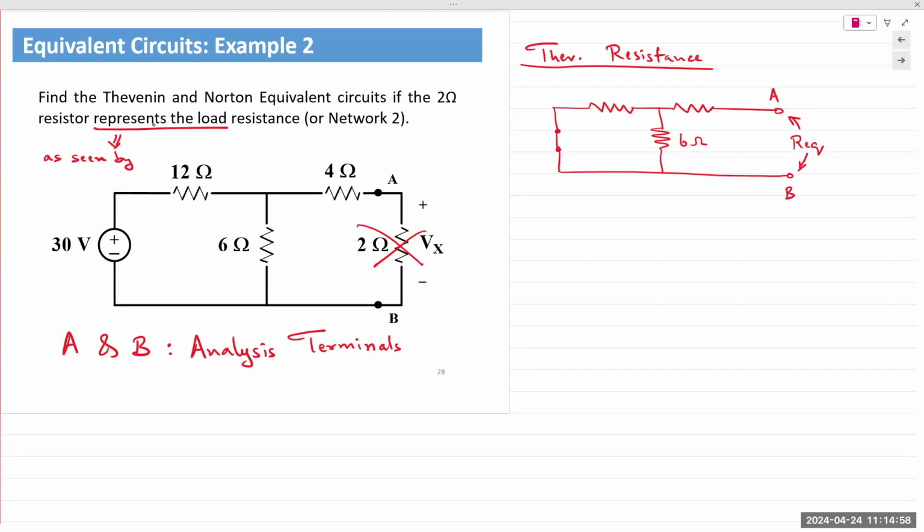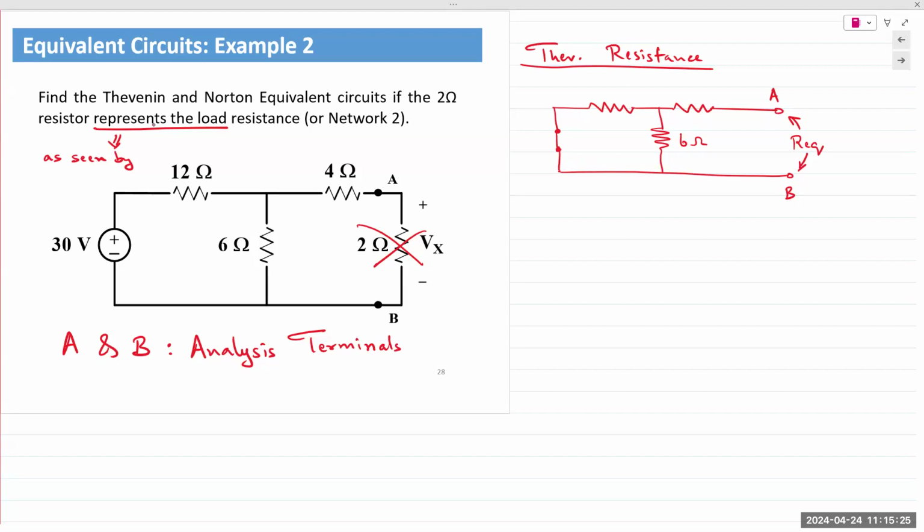What answers did you obtain for REQ? 7? Anyone for 6? Anyone for 8? Anyone for 9? 8.5? Anyone for 7? Anyone for 8?